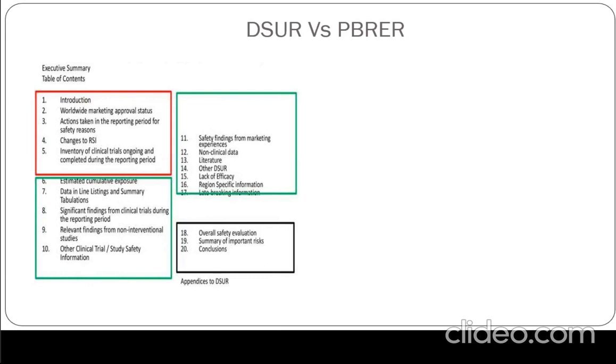If you see the comprehensive structure of the DSUR, it consists of 20 sections, and it is divided into 4 parts. This is how I used to look at it. Firstly, the admin sections, as I call them.